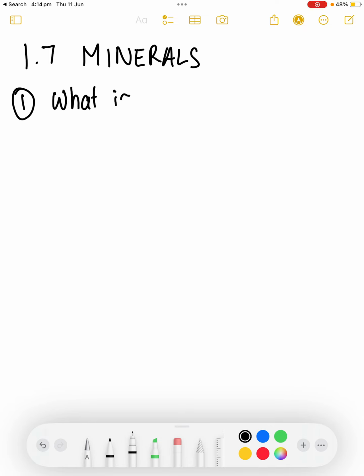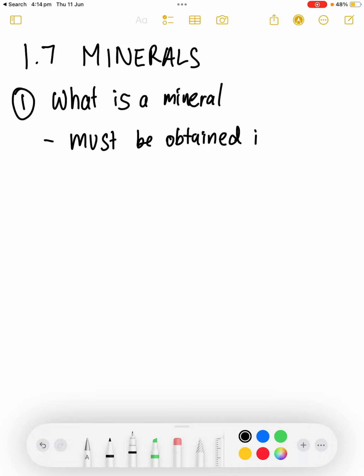So what is a mineral? And there's a few key pointers about that. So firstly, they're inorganic compounds or elements that don't contain carbon, and they are water soluble as well, and they must be obtained from your diet.